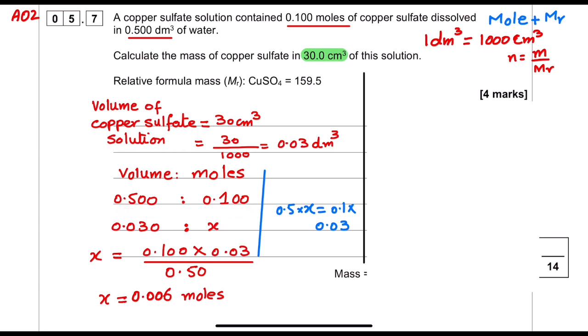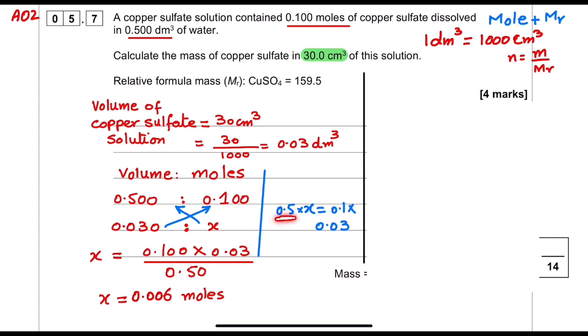The other volume is 0.03 dm cubed, which I'm going to use here, and the number of moles of copper sulfate is unknown, so I use X. We will use the ratio method, so it will be very easy to find the number of moles. By using the method, X is multiplied by 0.5 and 0.03 is multiplied by 0.1, and the step is solved here.